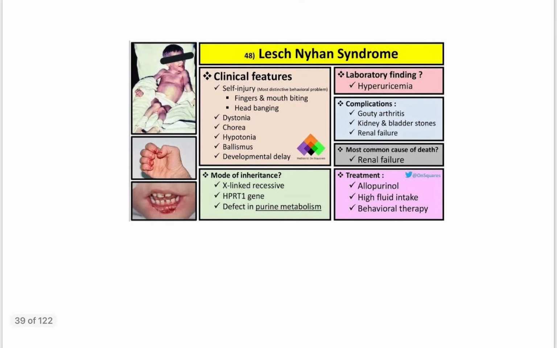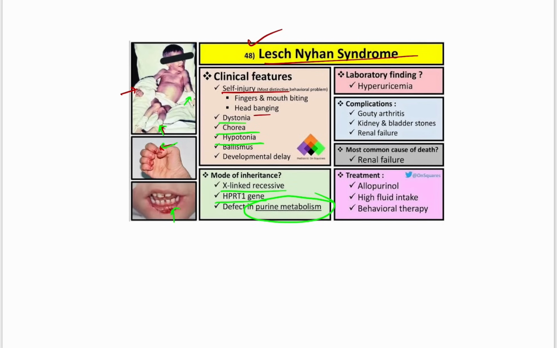So this is typical of Lesch-Nyhan syndrome, which is characterized by self-injury on hands, fingers, then head wagging. See the injury marks over so many areas: lips, hands, wrist, ankle joint, with dystonia, chorea, hypotonia. This is because of a defect in purine metabolism, HGPRT1 gene deficiency.